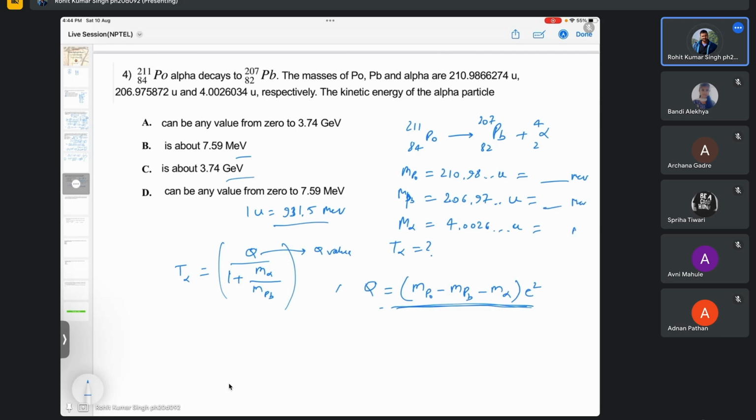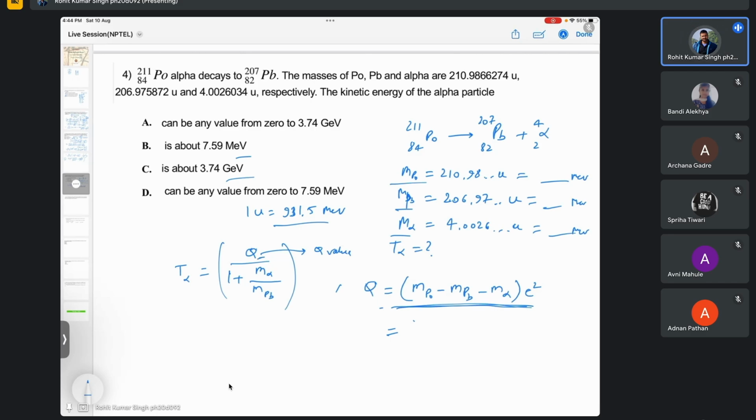Then you subtract the mass of lead and alpha from polonium, and you get the Q value, and you put the Q value here.